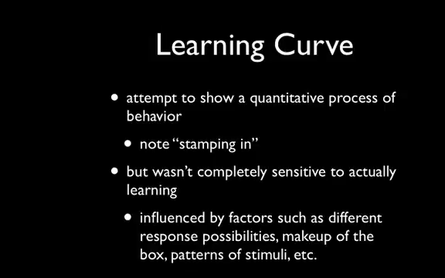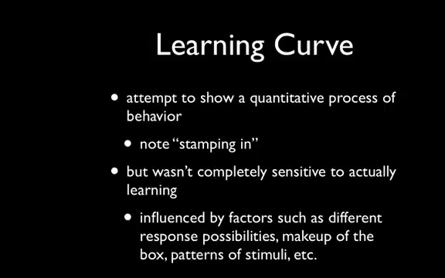Skinner goes on to talk about the learning curves that were first invented by Thorndike. Skinner says that they attempt to show a quantitative process of behavior, and that was a big deal about the learning curves. You could collapse a lot of different organisms' data together and show a decreasing trend of errors, if you will, or an increasing trend of learning, whatever the task is.